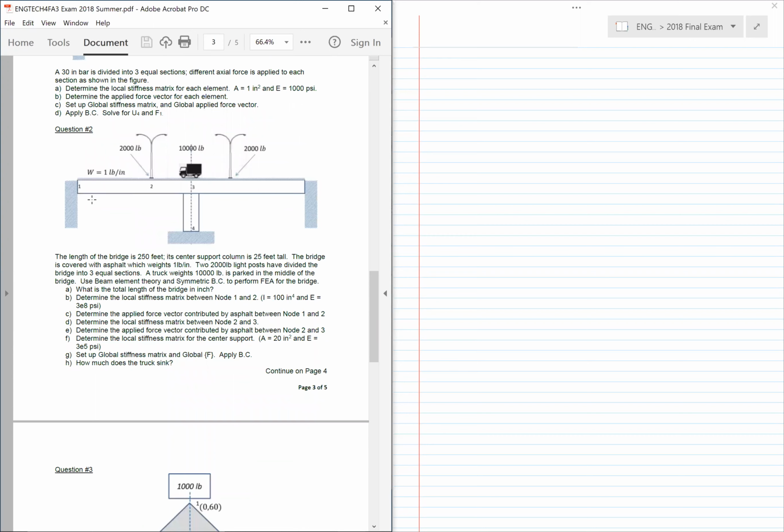Now, question 2 is a bit more interesting. What do you see there? It's a bridge with a column. So right away, you know what? I'm so nice, I already defined the nodes for you: node 1, node 2, node 3, and node 4.